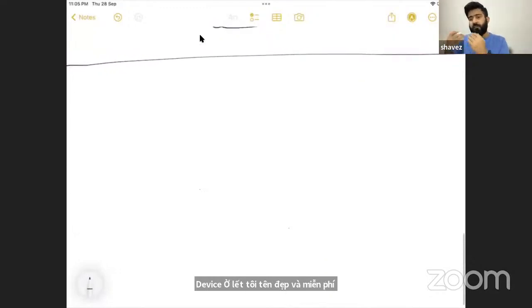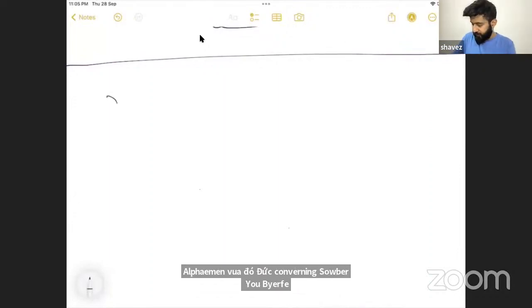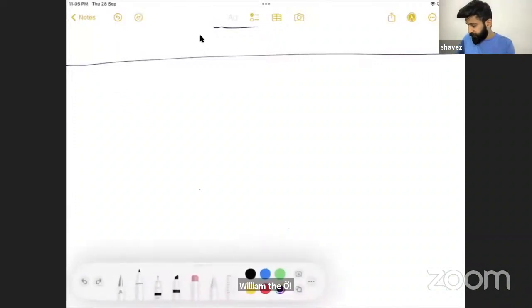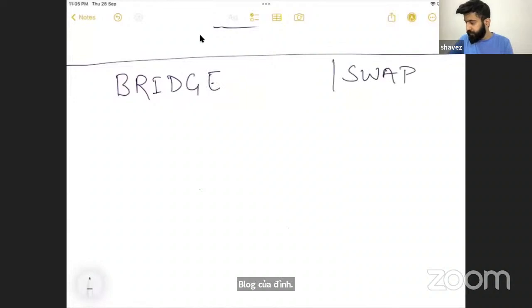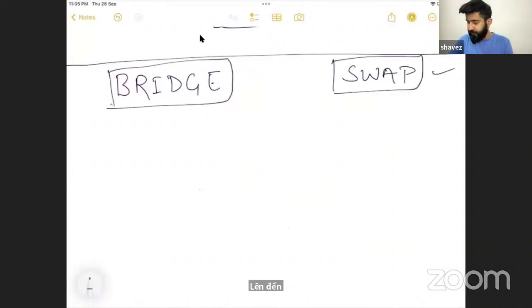So after mining, what are the components? How will you buy B fuel? There are questions I need to explain. Okay. There are two things. One is the bridge. And the other thing is swap. Swap is live. The bridge is going live tomorrow.